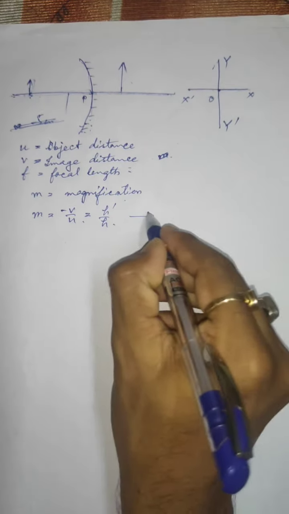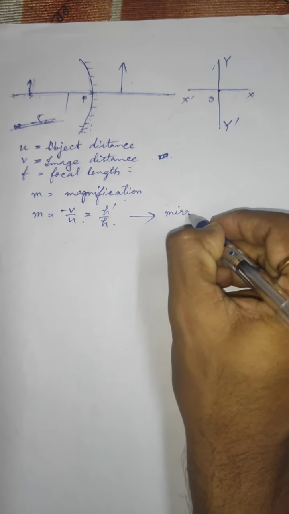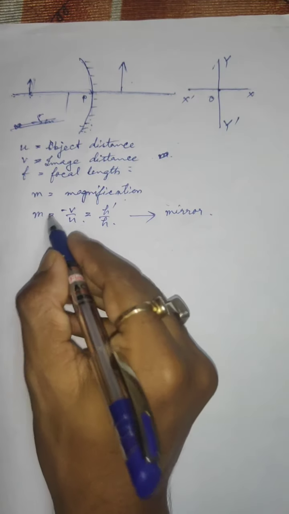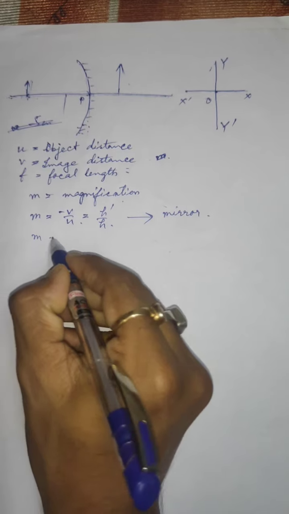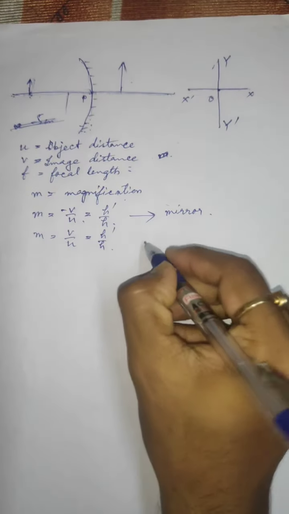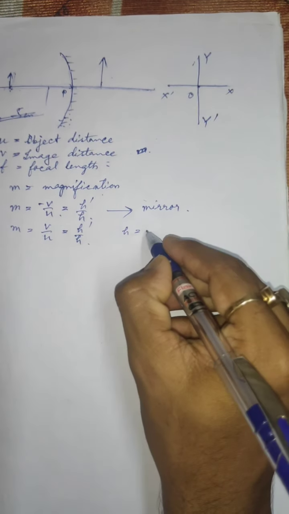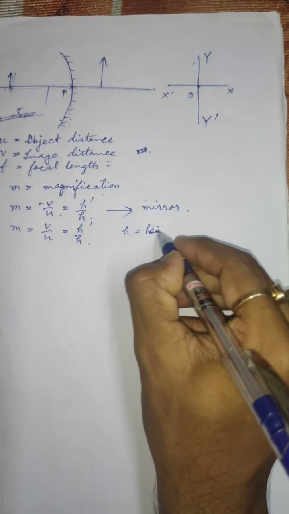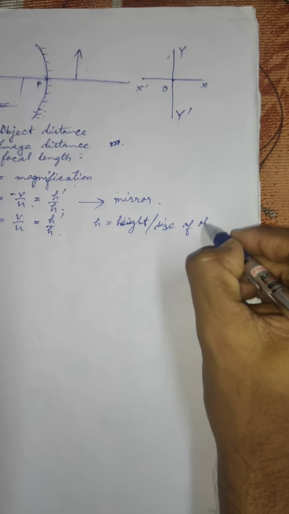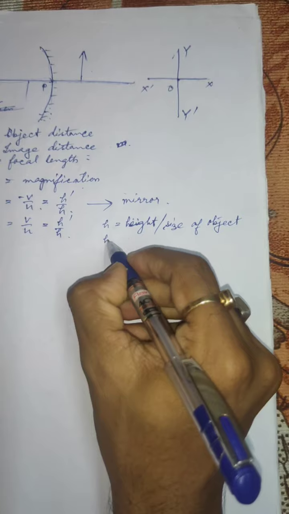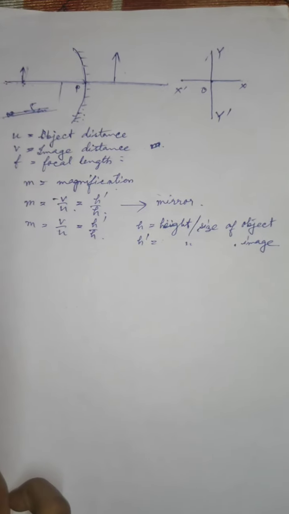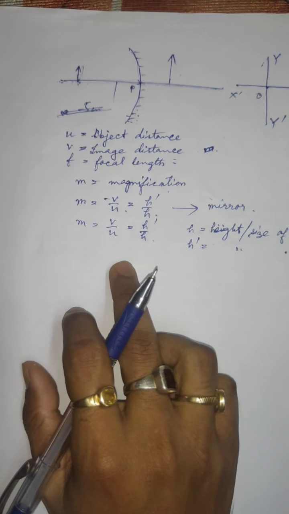And in case of lens, m equal to v by u equal to h dash by h. Now what are h dash and h? h is the height or size of the object, and h dash is the height or size of the image. This way the magnification varies.